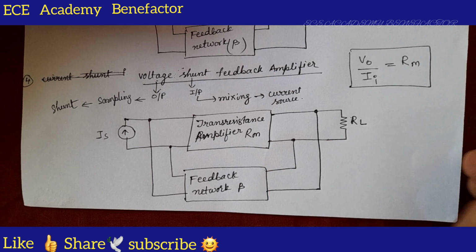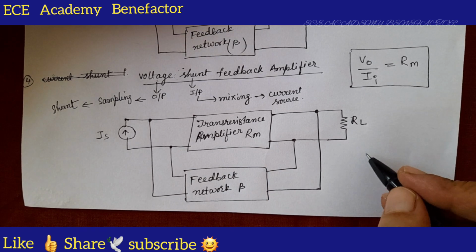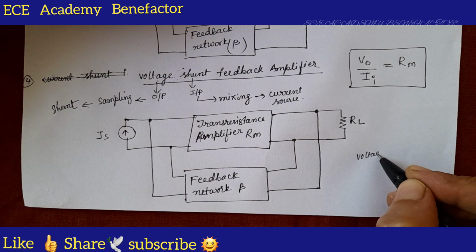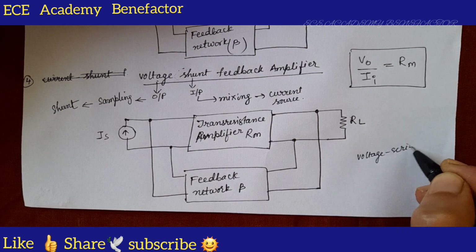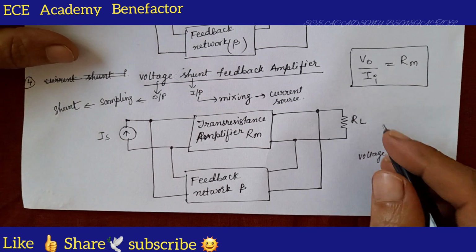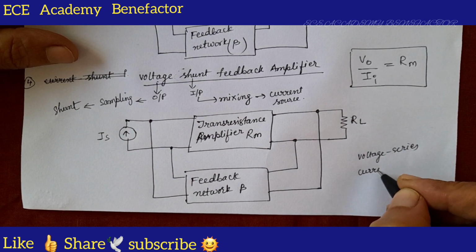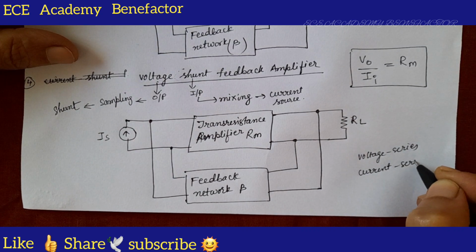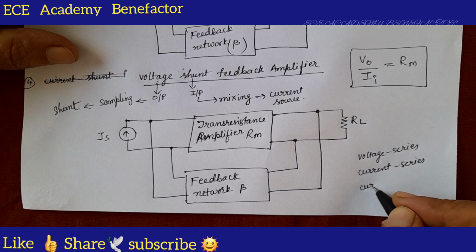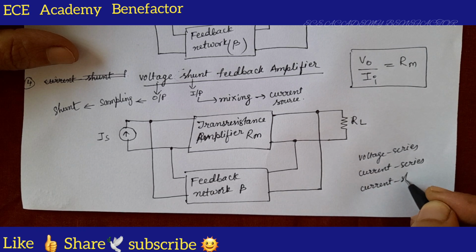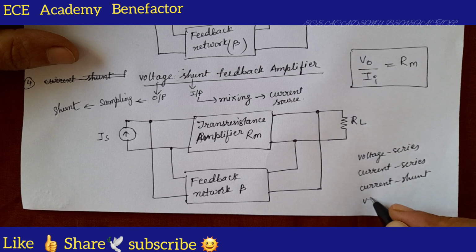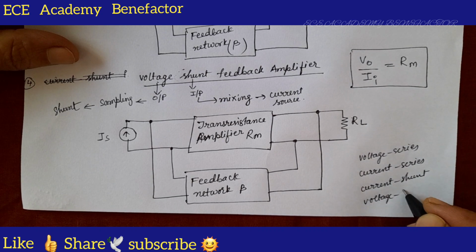So there are 4 feedback amplifiers: voltage series, next one is current series, current shunt and voltage shunt feedback amplifier.